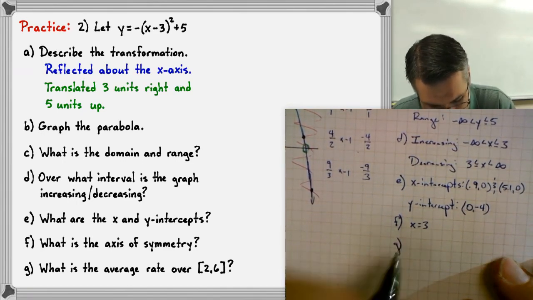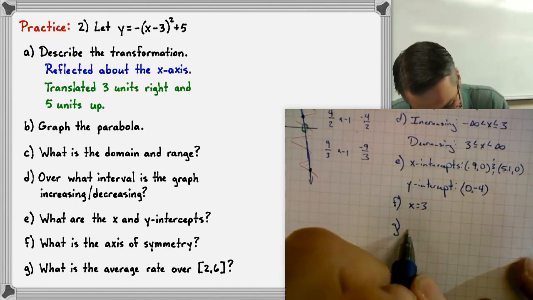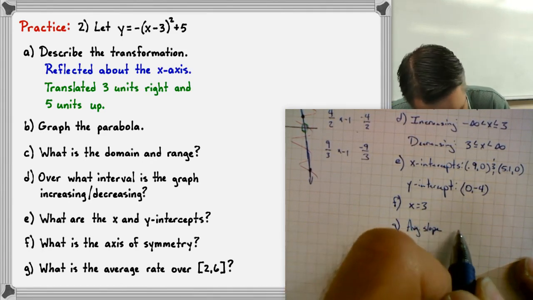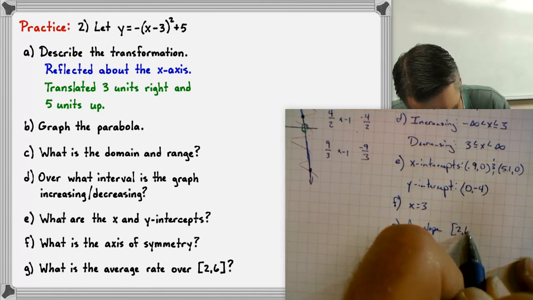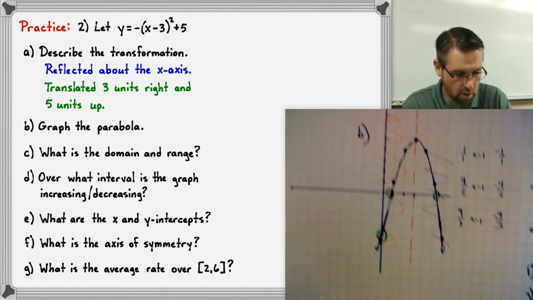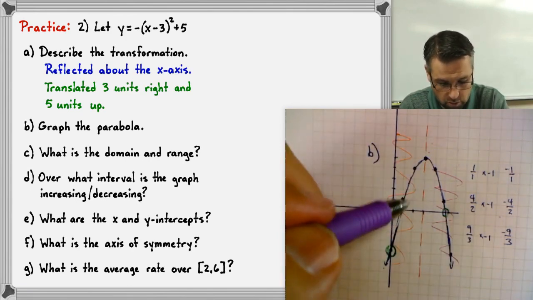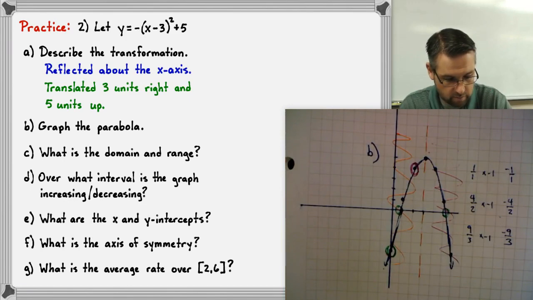And then the last part, G, it says, what is the average rate or the average slope? Same thing, average slope for the interval 2 to 6. So we have to go to our graph and we have to recognize the two values here. Well, at x equals 2, we have this point, okay?